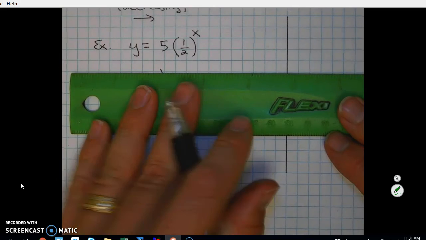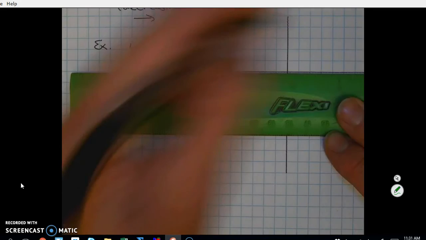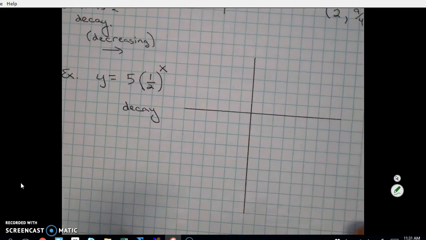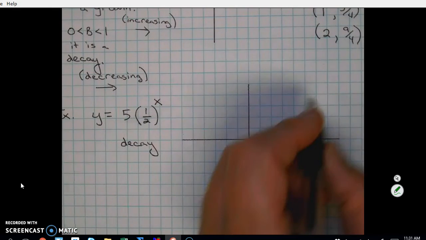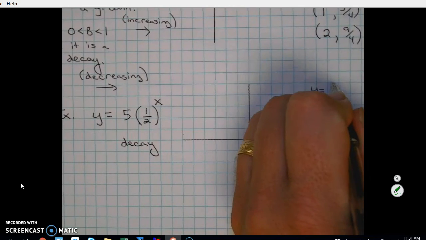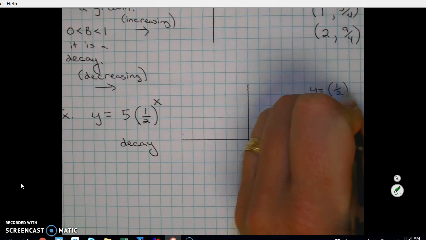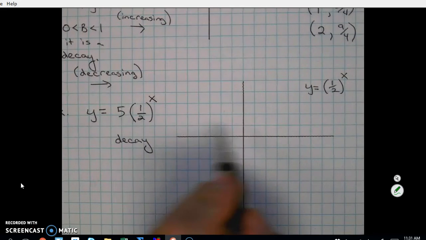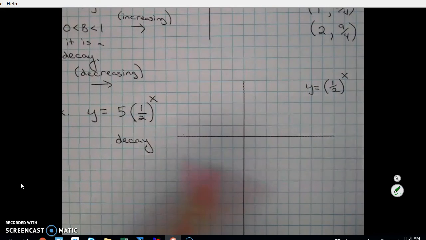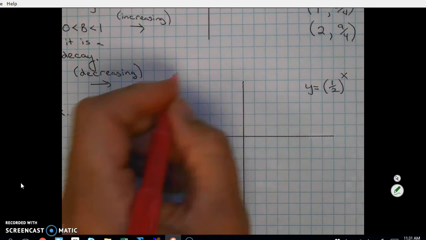Figure this stuff out. All right, what's the parent for this one? The parent for this one is going to be y equals 1/2 to the x power. So, starting off with our horizontal asymptote, which in this case again is y equals 0.